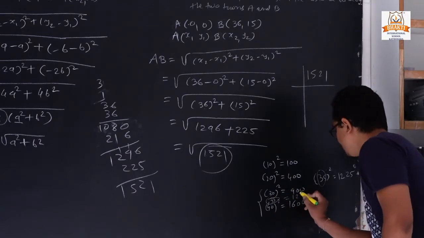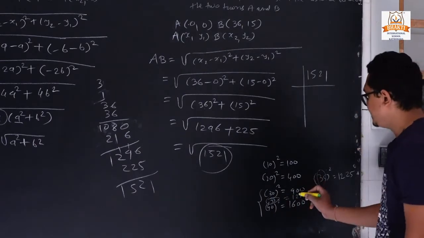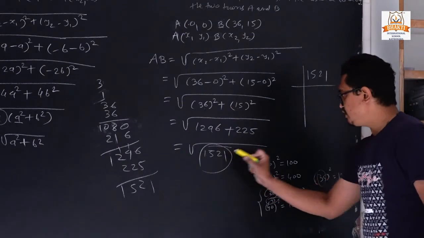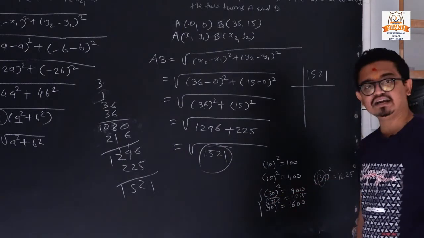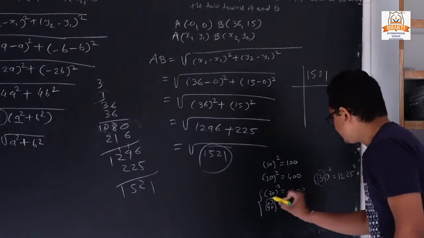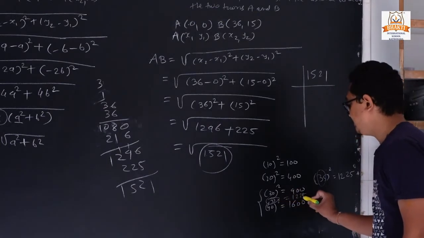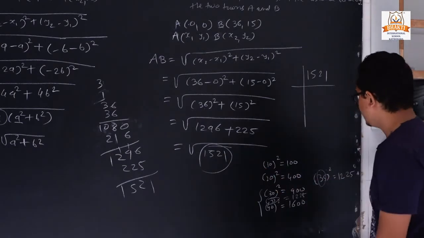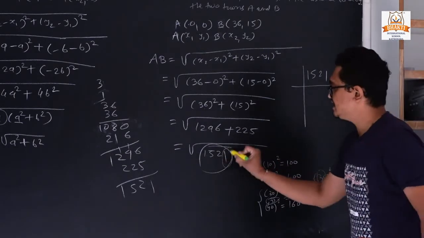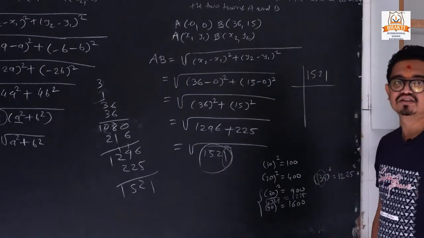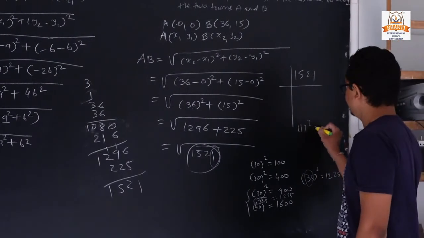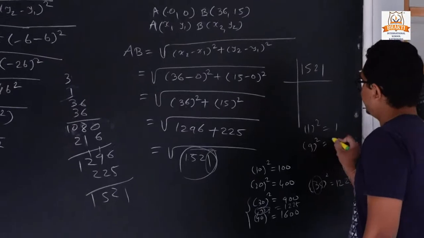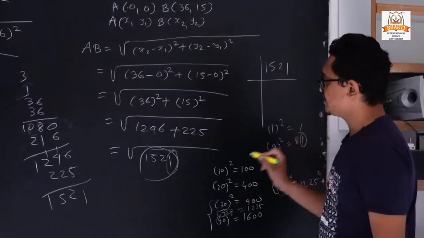So what is 35 whole square? It is 1225. So once again you can see that this value is between 35 and 40, because 35 square is 1225 and 40 square is 1600. And here the last digit is 1. So 1 square is 1 and 9 square is 81, so it is the square of 39.